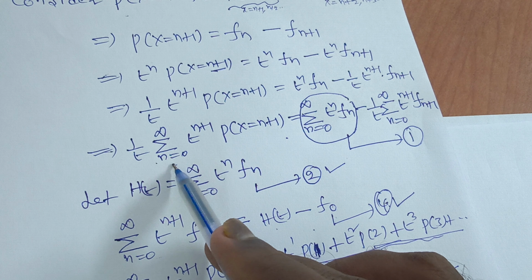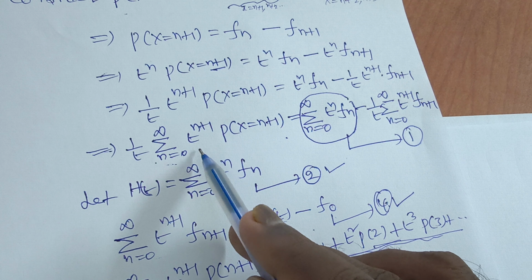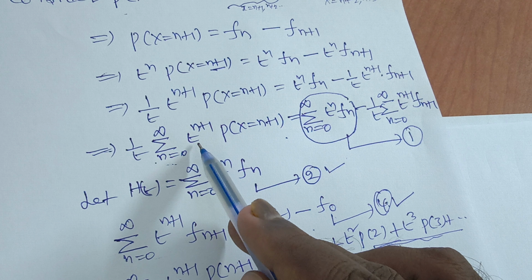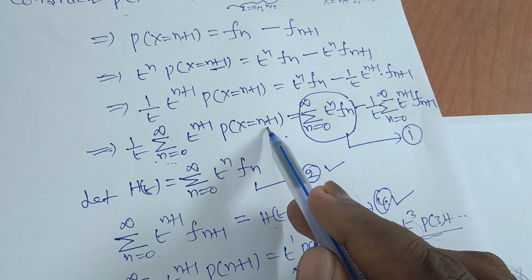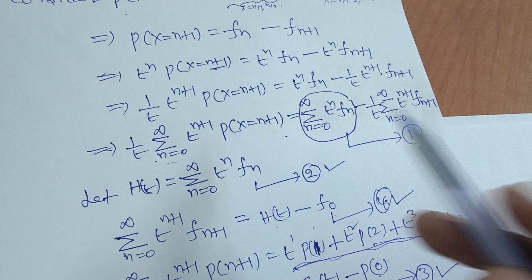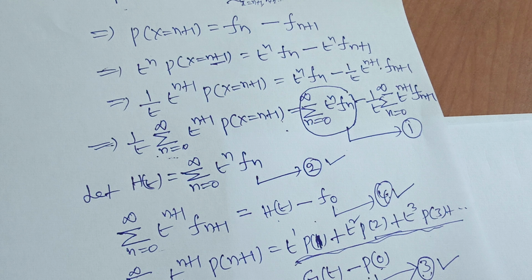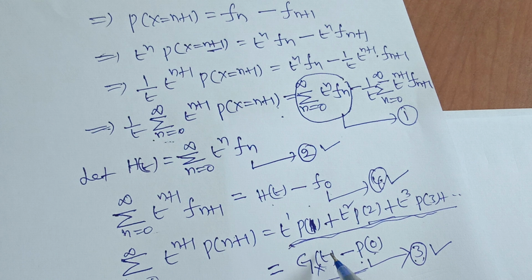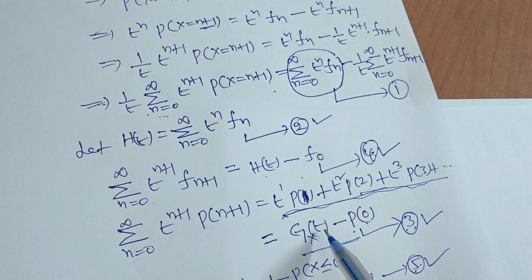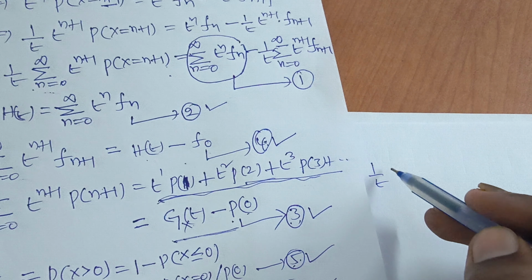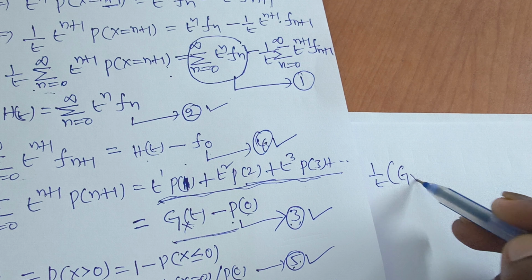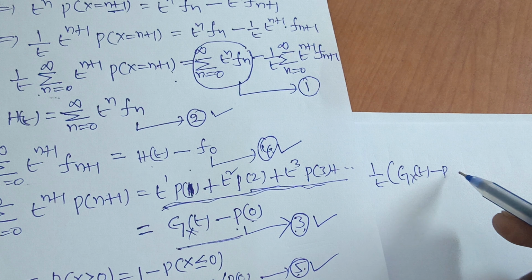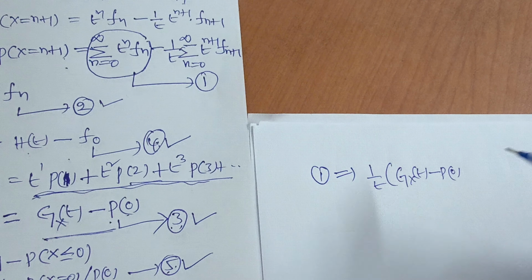1 by t. What is the summation of n equals 0 to infinity t^(n+1) P(X = n+1)? It is equation 3. We write it as G_X(t) minus P(0). So 1 by t of G_X(t) minus P(0).